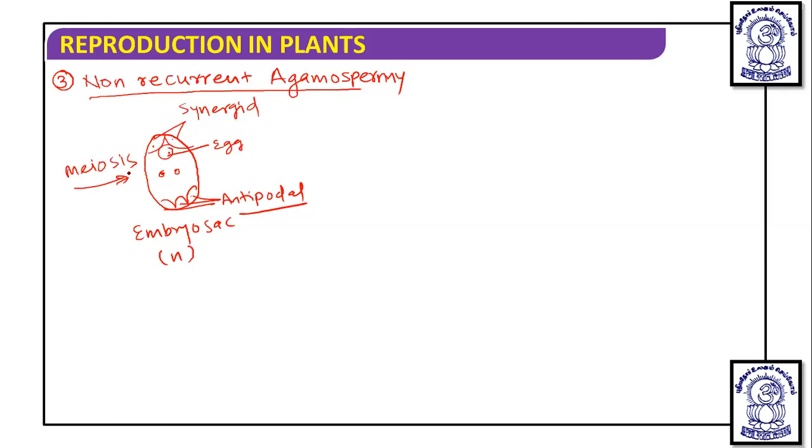Now in this, no fertilization takes place, but the embryo still develops from the unfertilized egg cell. Suppose this is the egg, so it is an unfertilized egg. Now this egg undergoes mitosis and produces an embryo. Then this process is known as haploid parthenogenesis.